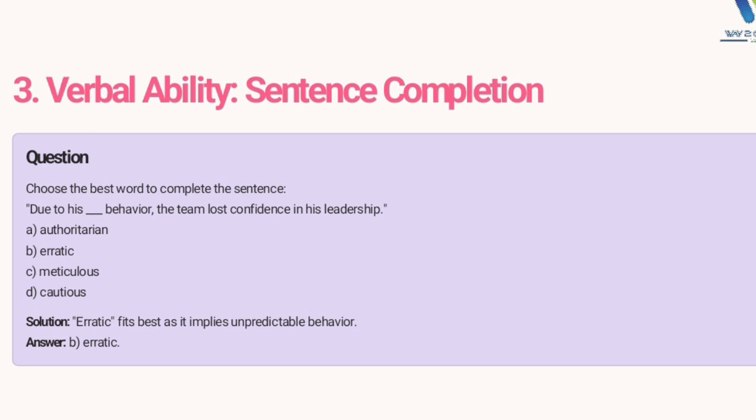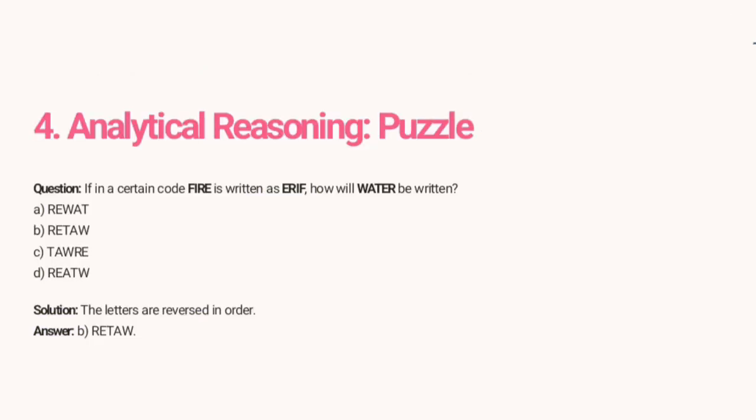Now the next question is analytical reasoning, that is puzzles. I can say it's a question from coding and decoding. In a certain code, fire, F-I-R-E, is written as E-R-I-F. Now, how will water be written? You need to understand the logic here. The first word, fire, has been written as E-R-I-F.